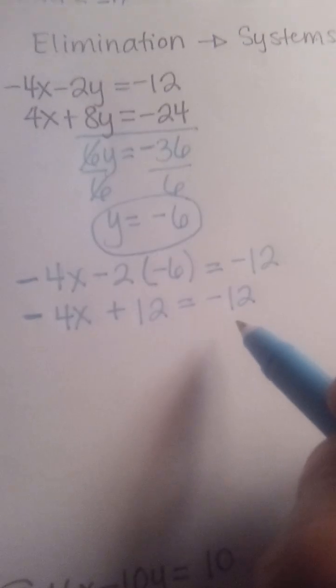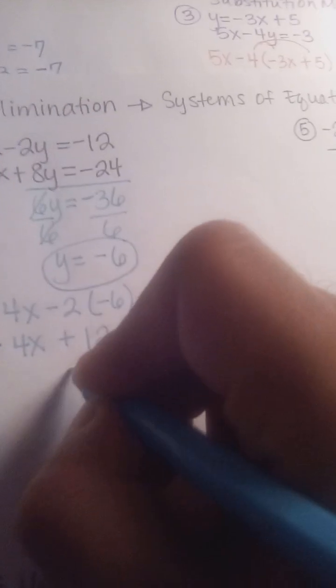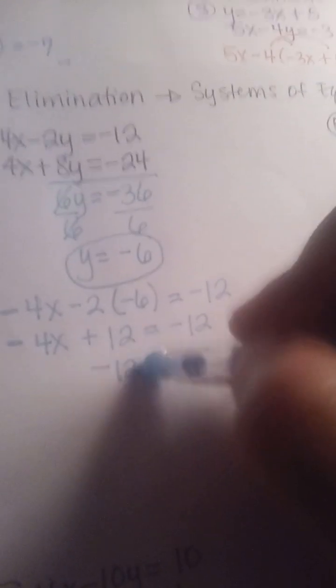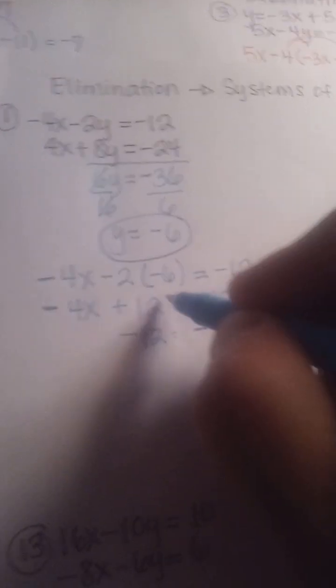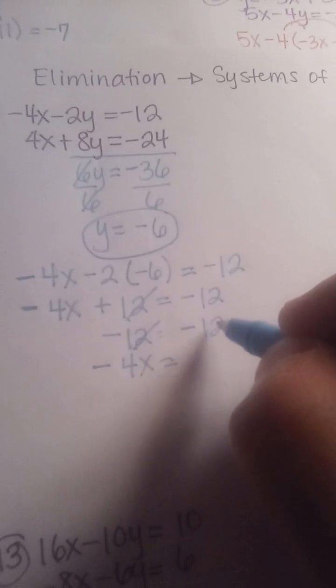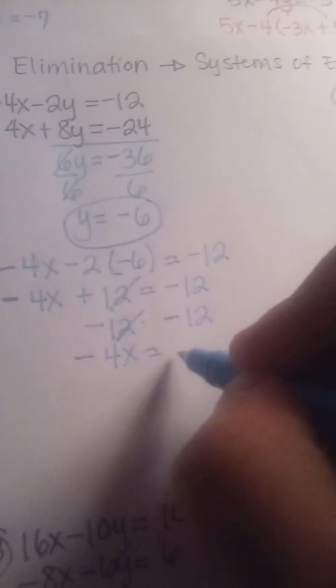To get 12 to the other side, we have to subtract 12 from both sides. Nope, that's not equals, minus. Crosses out the 12. Bring down the negative 4x. Then we have a negative 12 minus 12 is a negative 24.